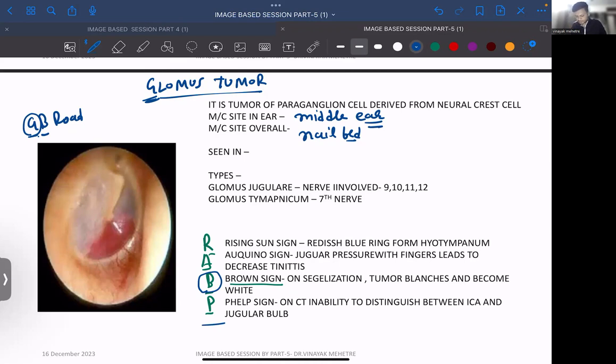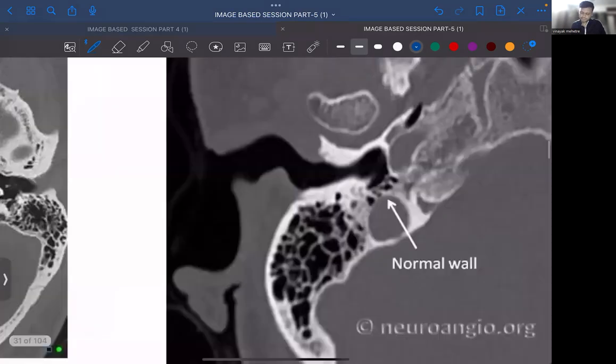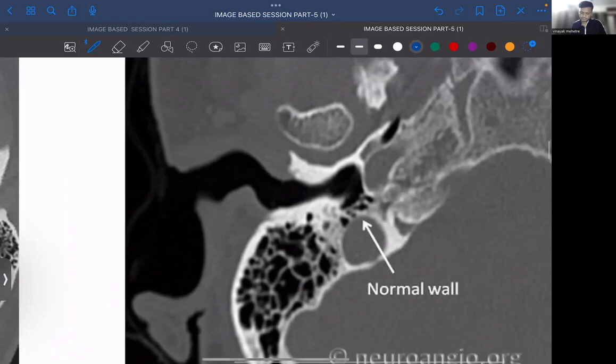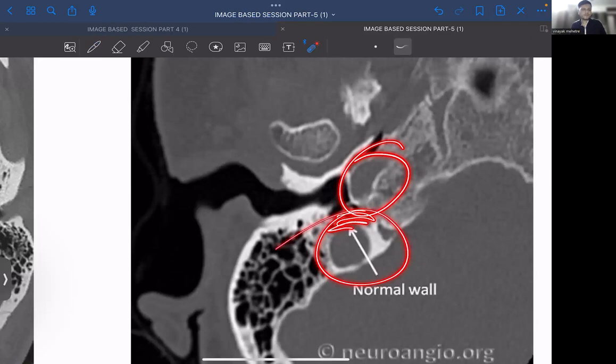12th sign क्या है? Inability to distinguish between ICA and jugular bulb. Now take a look over here. Okay, there is clear differentiation. There is a line between bulb and internal carotid artery.